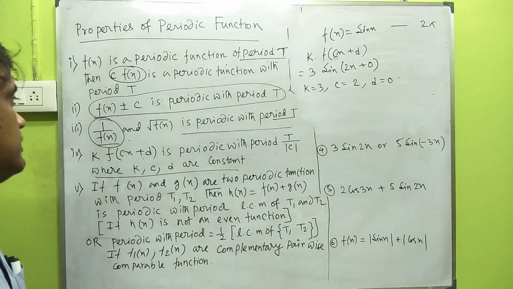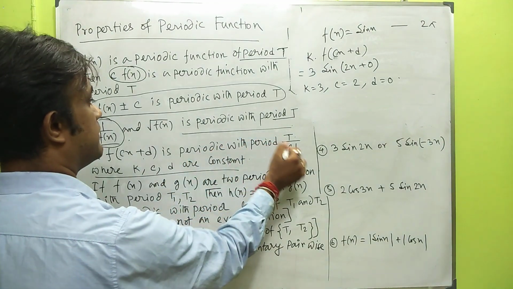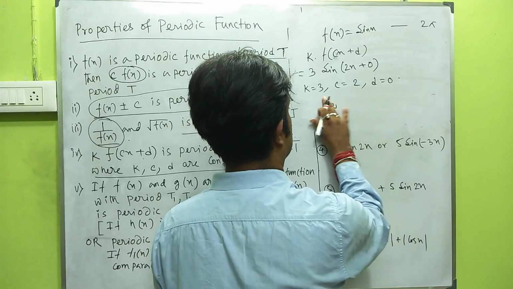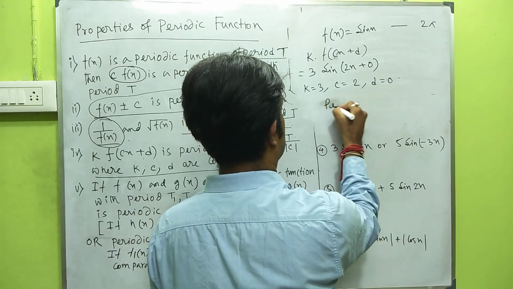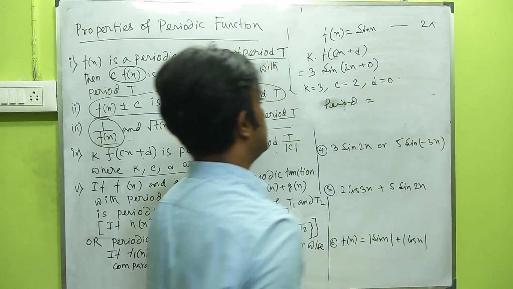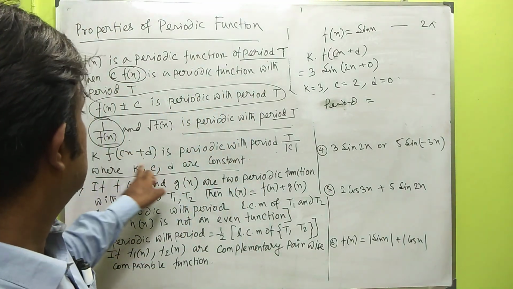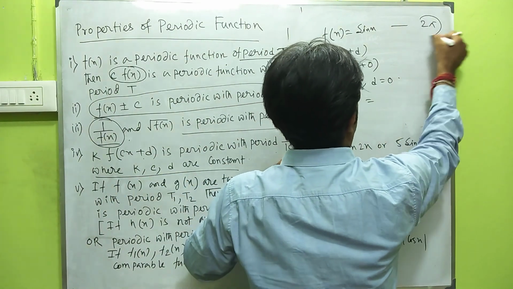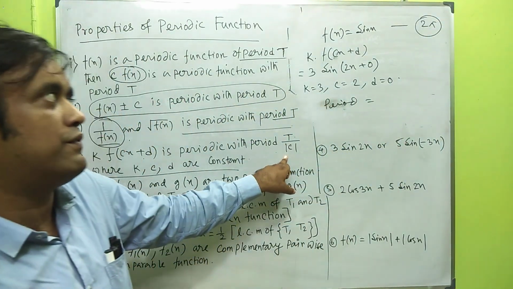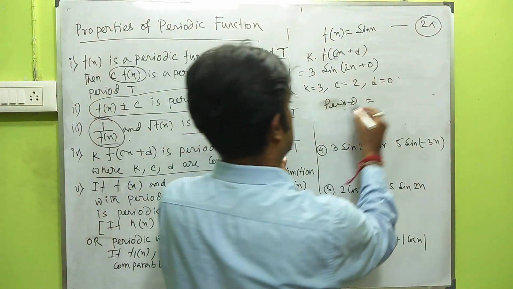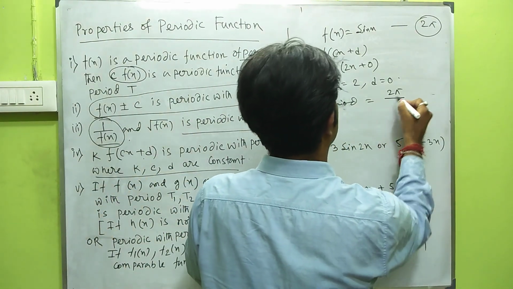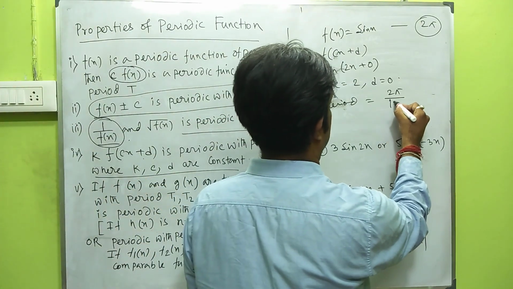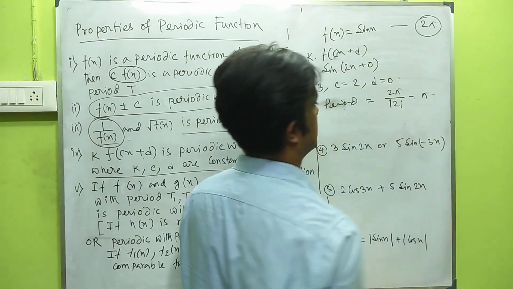What will be the period? The period will be t by mod c. As we know, the period of the function sin x is 2 pi. So here the period will be 2 pi by mod c, 2 pi by mod 2, that is pi.